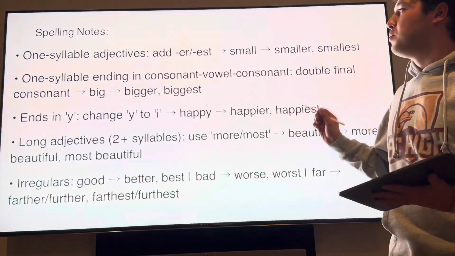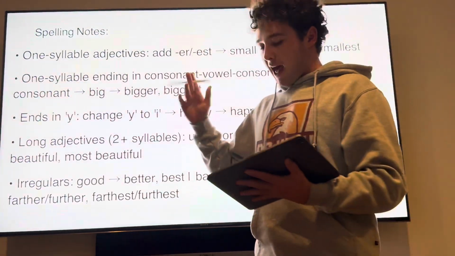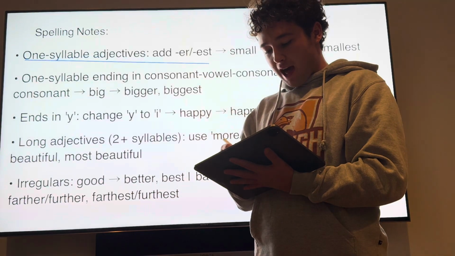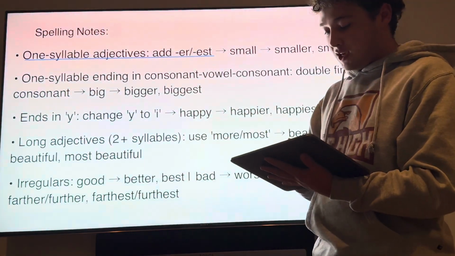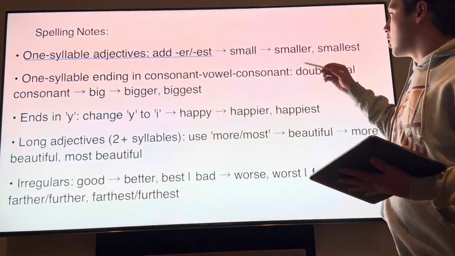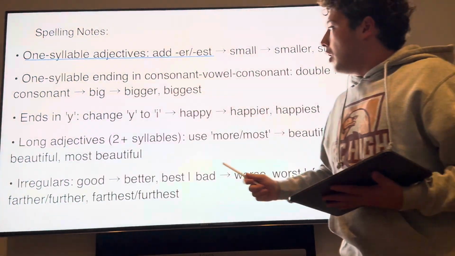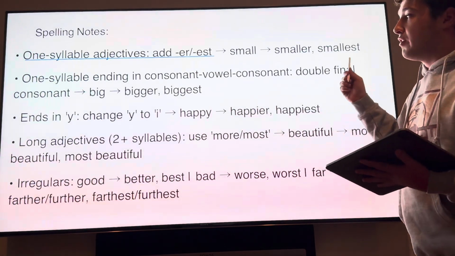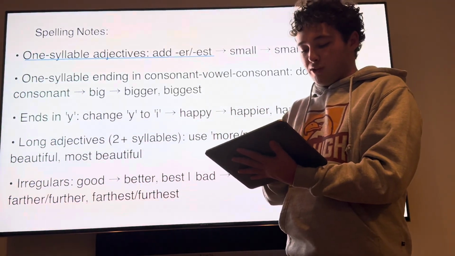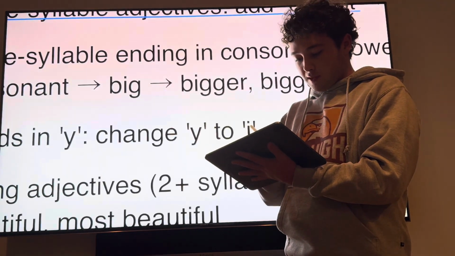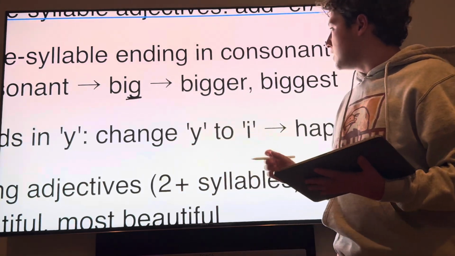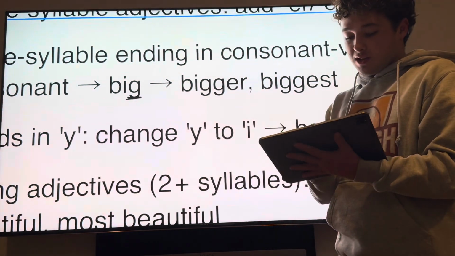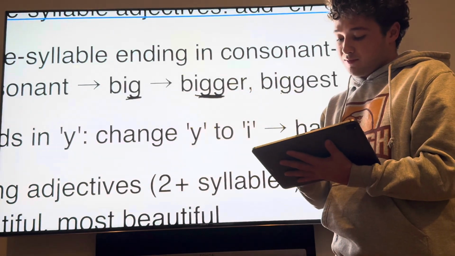So now for a few important things to note. As we discussed, 1 syllable, you add ER or EST: small, smaller, smallest. 1 syllable ending in a consonant-vowel-consonant, you double the final consonant, right? So have a look. Big has 1 G, but it ends with the vowel sound, so you double the consonant, making it 2 G's.